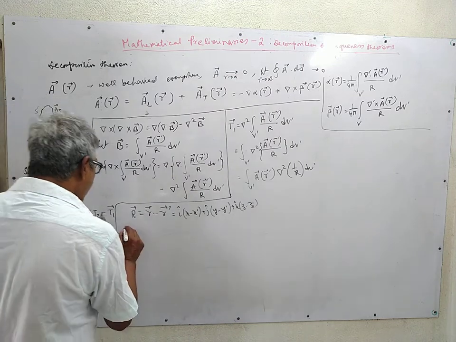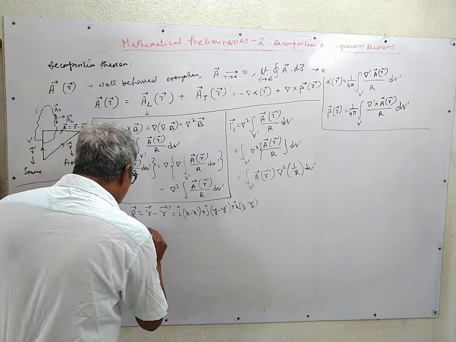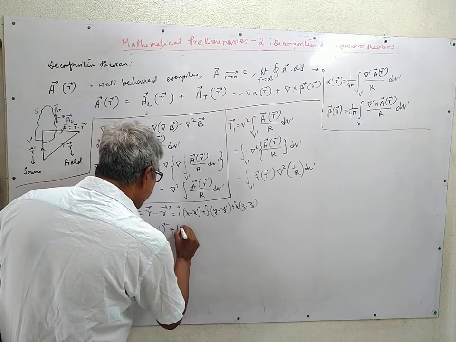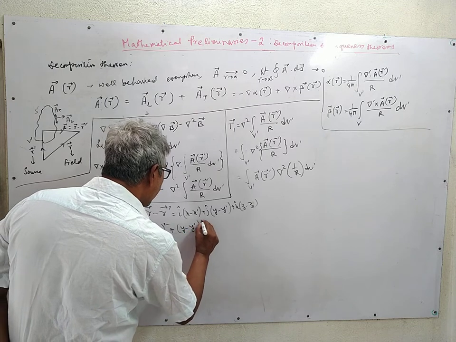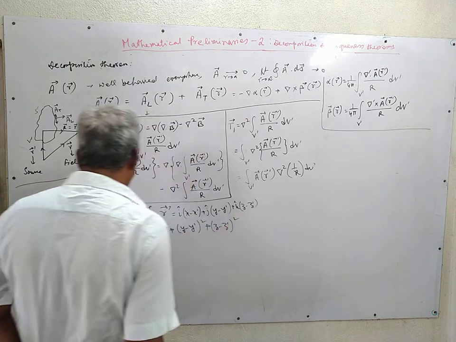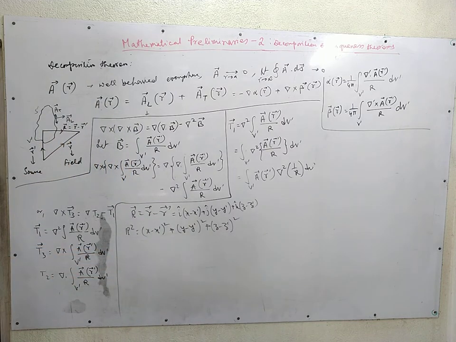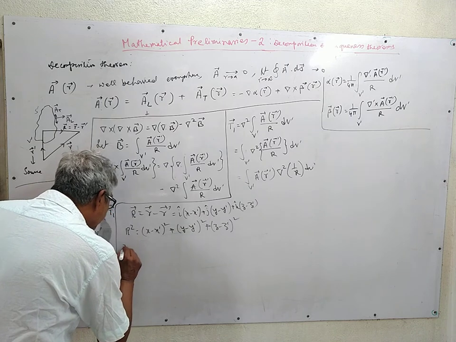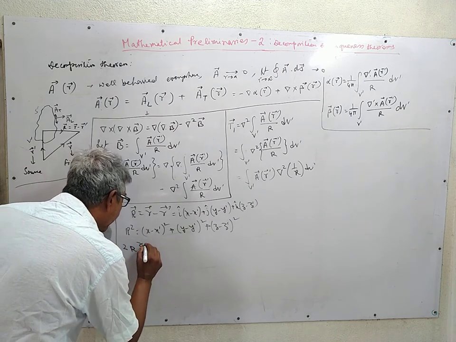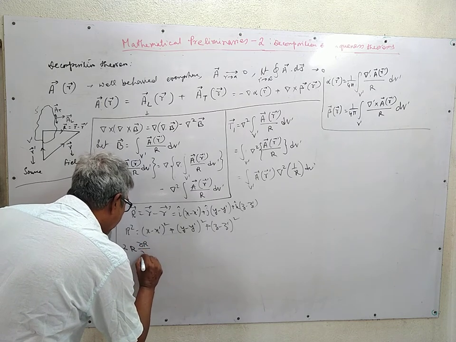So R square is x minus x prime whole square plus y minus y prime whole square plus z minus z prime whole square. If we differentiate it with respect to x, then we get twice R del R del x, since R depends on 6 quantities x, y, z, x prime, y prime, z prime.